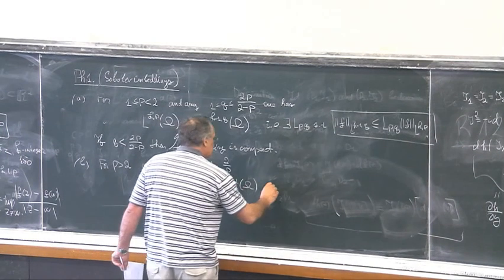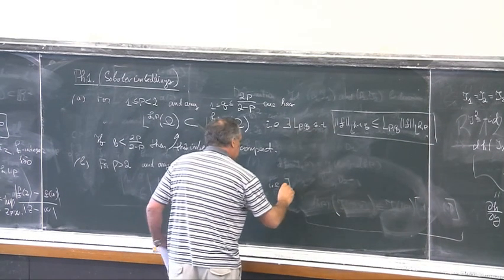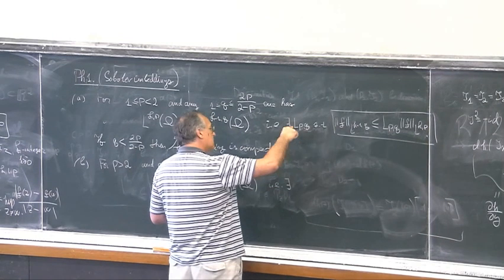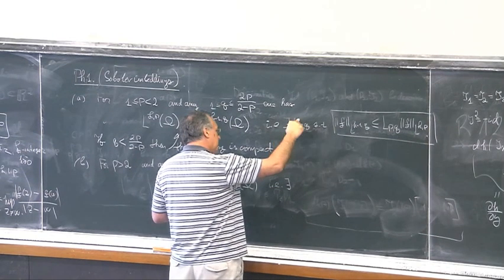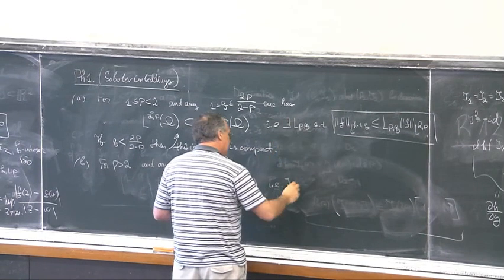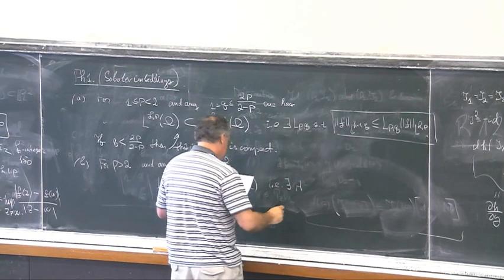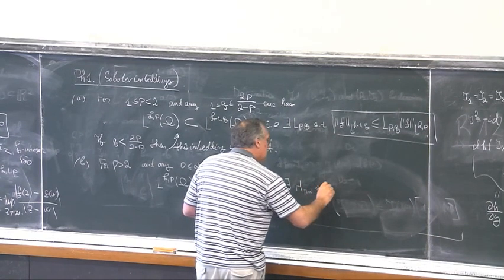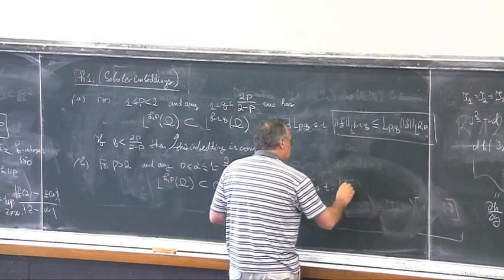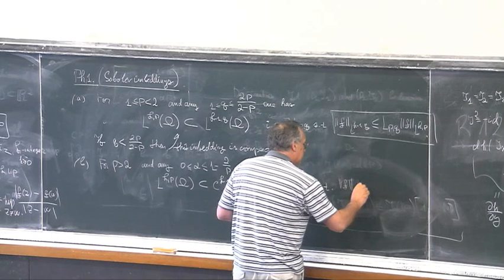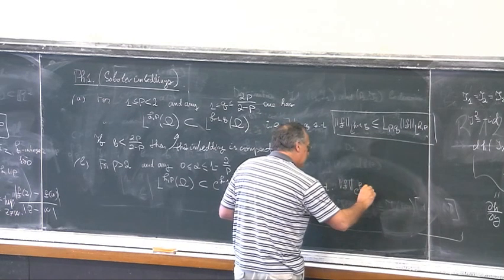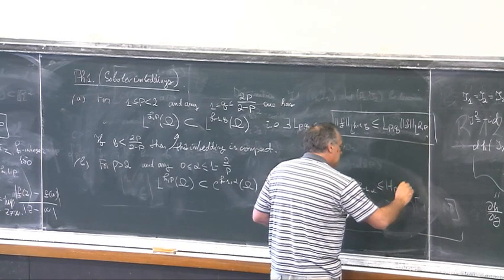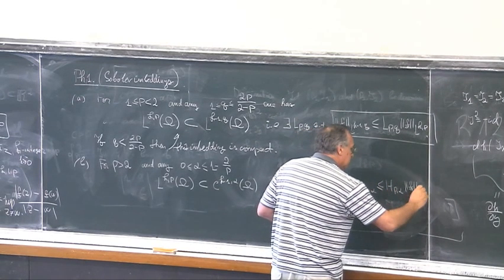That means, again, that there is a constant, which I will denote h_p,alpha, such that the Hölder norm in C^(k minus 1, alpha) is bounded by h_p,alpha times the norm in L^k_p.